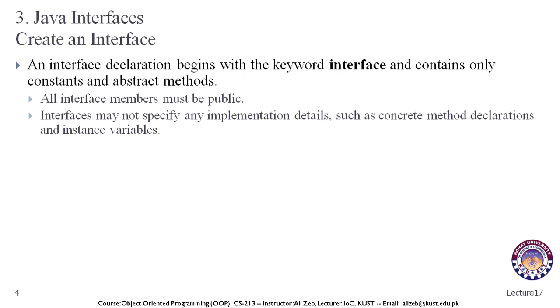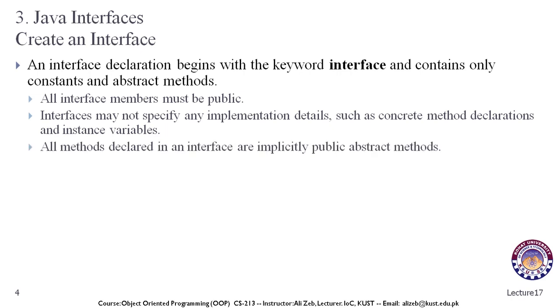Interfaces must not specify any implementation details, such as concrete method declarations and instance variables. All methods declared in an interface are implicitly public abstract methods.